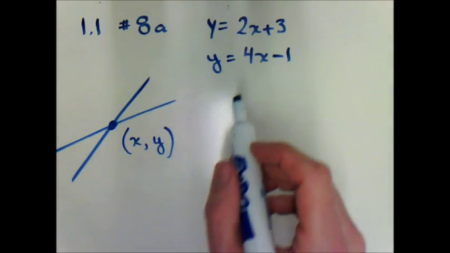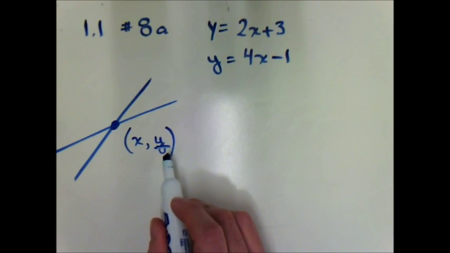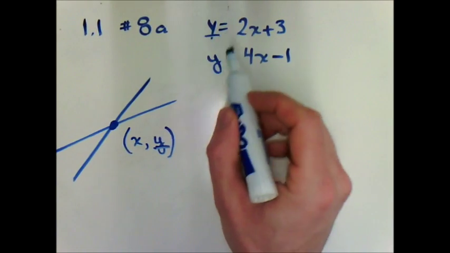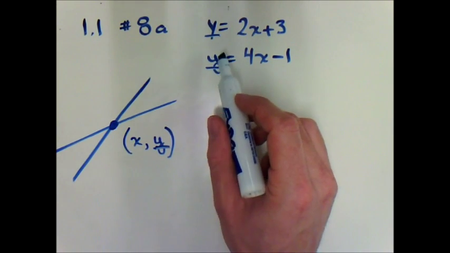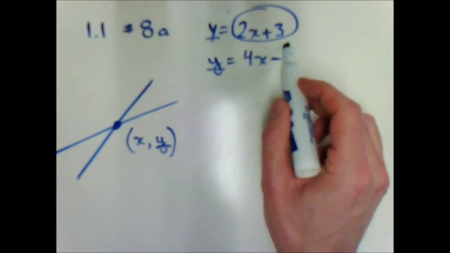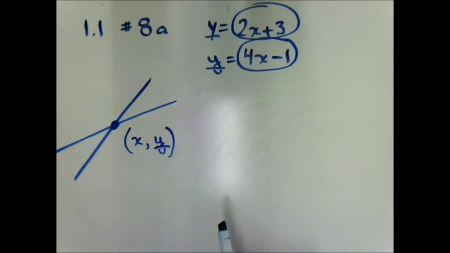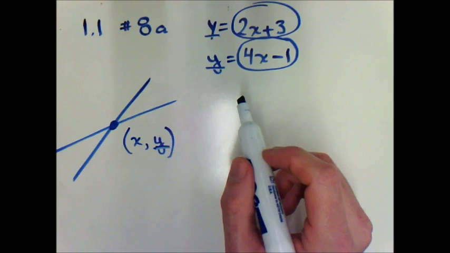So the y value at the point of intersection is going to be the same for both lines. If I know that this y and this y are exactly equal to each other, then this side of equation 1 must be equal to this side of equation 2. Does that make sense?